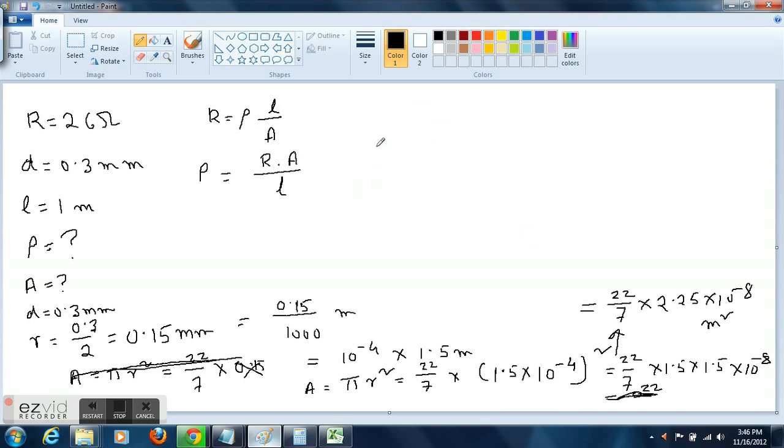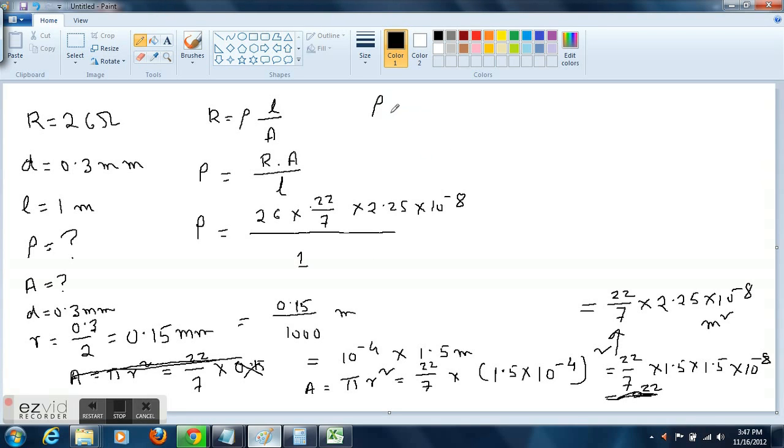Now, we can calculate the value of rho. Therefore, rho equal to resistance, which is 26 ohms, area of cross section, which is 22 upon 7 into 2.25 into 10 to the power minus 8, and length is 1.